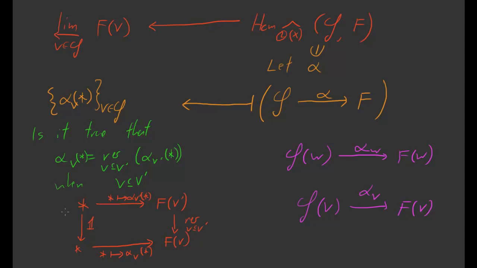And does this commute? Sure, because this is exactly the naturality condition over here, because this is equal to S of v prime, and this is equal to S of v. So this map is also well defined.